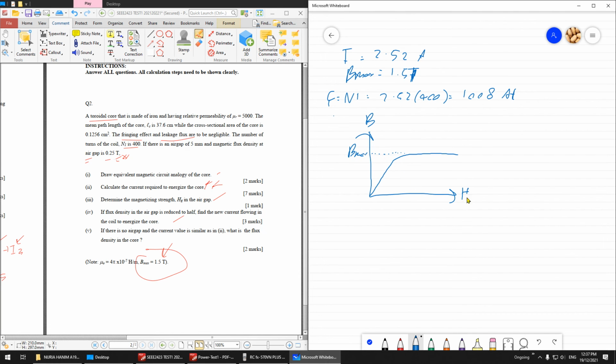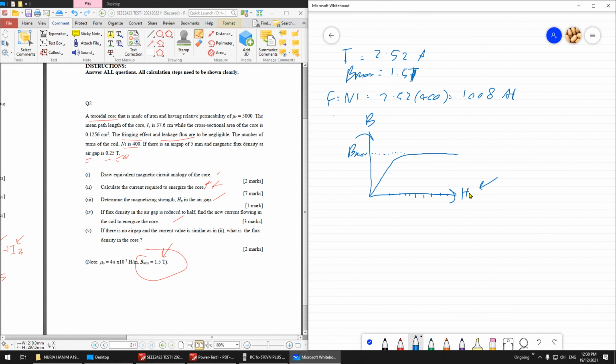When it comes to calculation, you have to find H first. H you can increase, no problem, but the problem is at the magnetic flux density B, until a certain point it will stop.